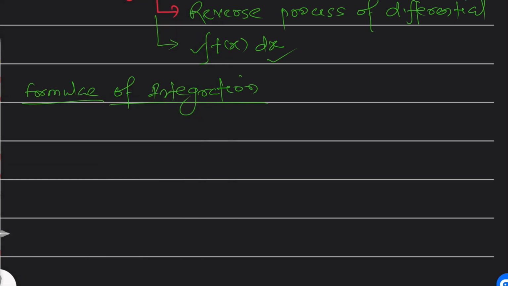The first formula is integration of x to the power n dx, the same as the first formula of differentiation. Integration of x to the power n is x to the power n plus 1 by n plus 1, plus a constant c. Why I am giving this constant c, I will let you know.